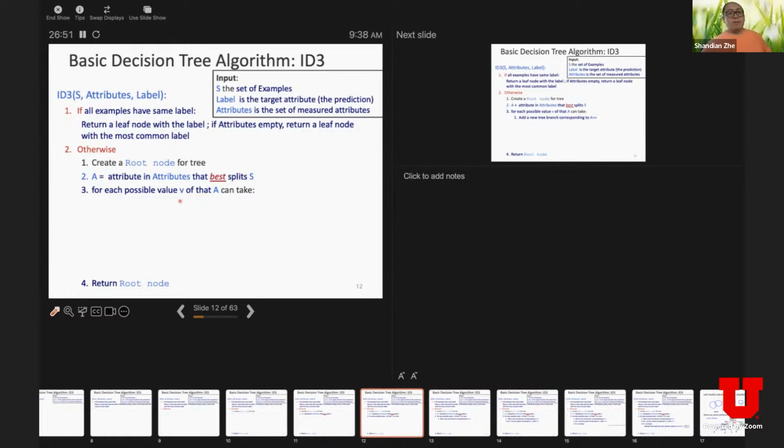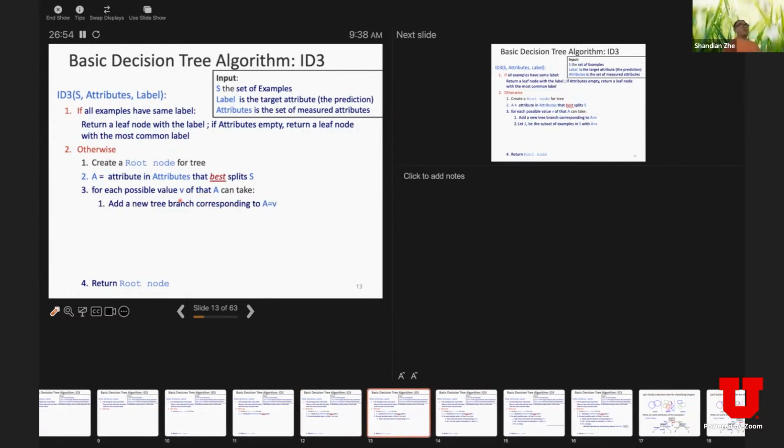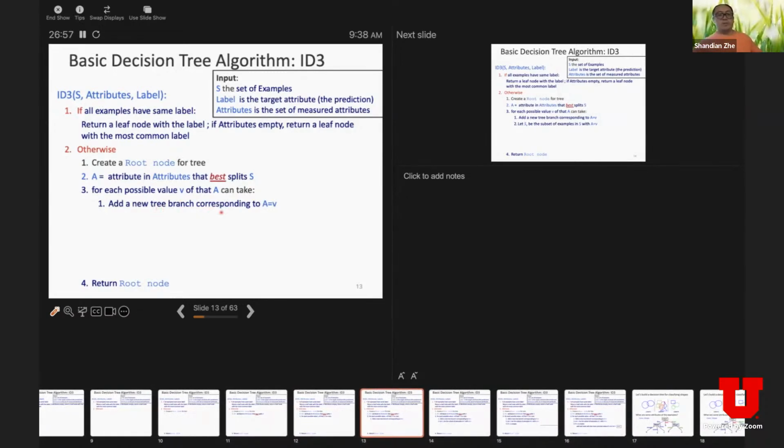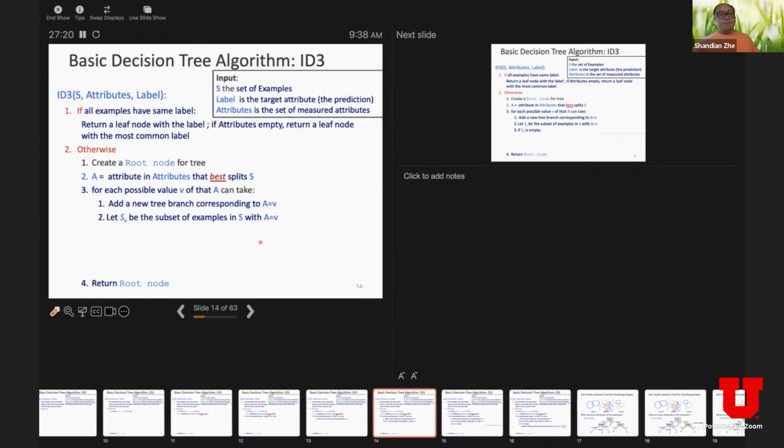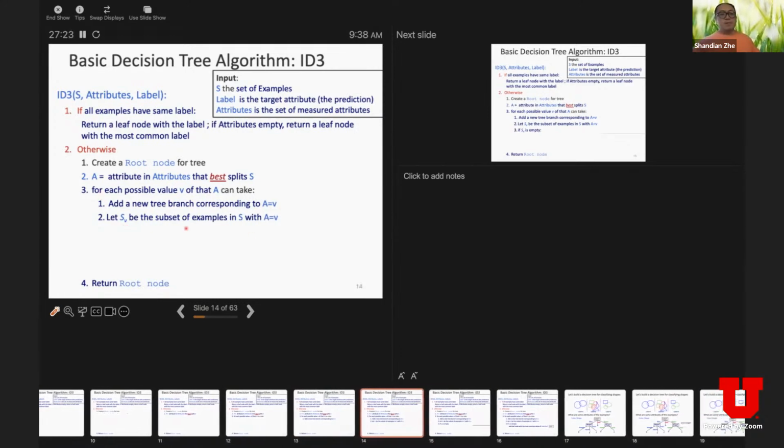For every possible value V, we grow a new branch of the tree, which is associated with a testing condition that A equals V. Meaning that if a test example wants to go through that branch, it must satisfy that its attribute A takes the value V. And then we denote by SV the subset of examples in S whose attribute A takes value V.